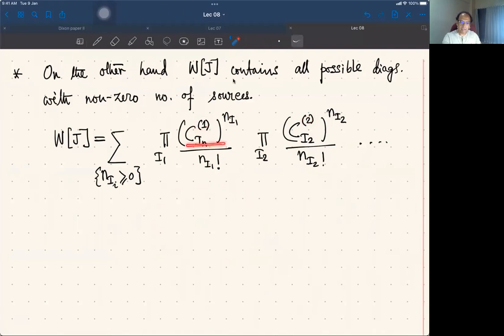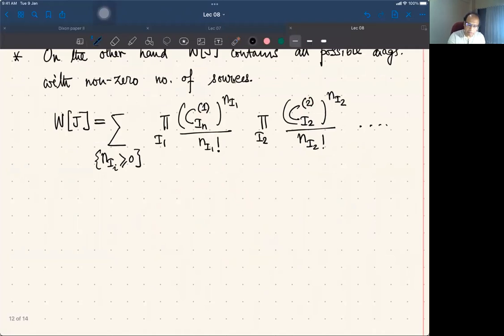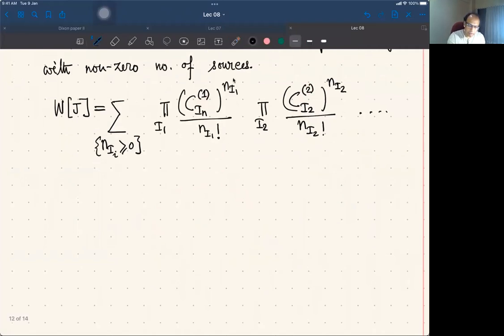This has J to the power 1, this has J to the power 2, J to the power 3, and so on, right? So by choosing these numbers, you can actually write any J to the power n term, both connected and disconnected. That's a claim. You can think about it and check that this expression makes sense.